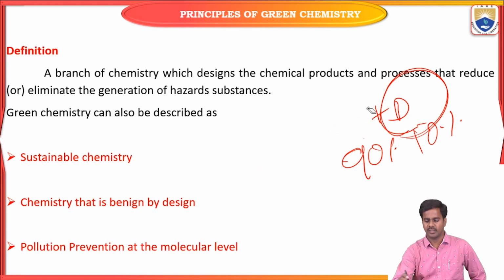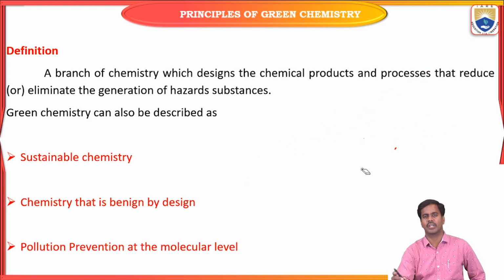Now, coming to the definition of green chemistry, how can we define green chemistry? It is a branch of chemistry which designs chemical products and new processes that eliminate or reduce hazardous substances to the environment.